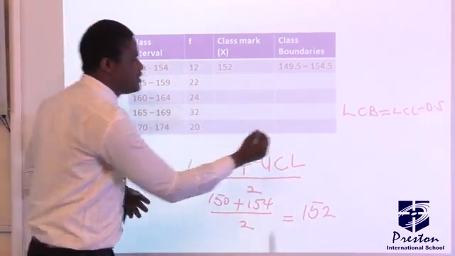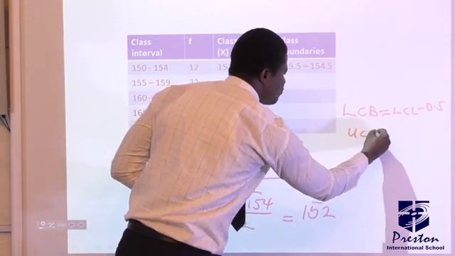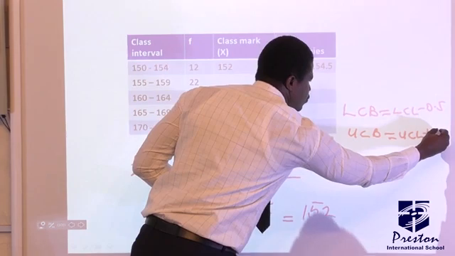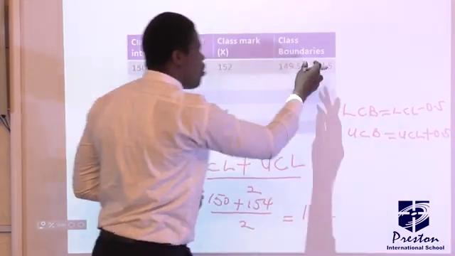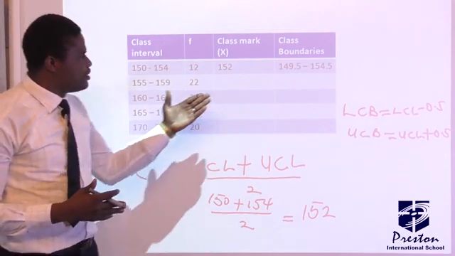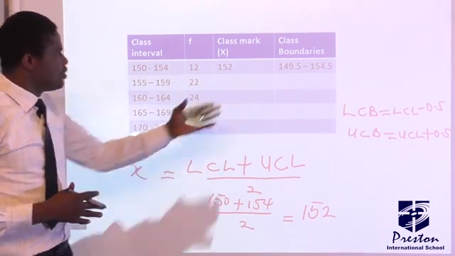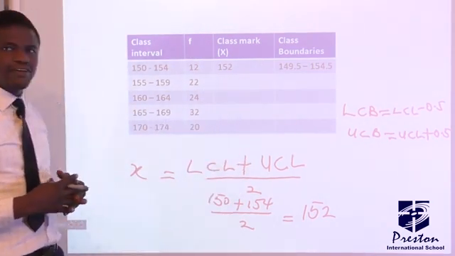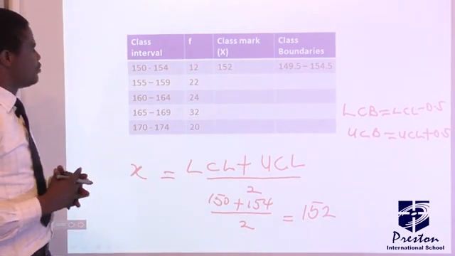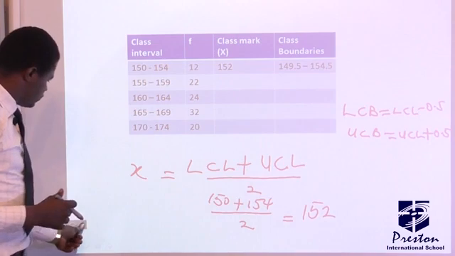And if we add 0.5 to the upper class limit, we will have 154.5. And that is how we will determine the upper class boundary and lower class boundary for the remaining groups.